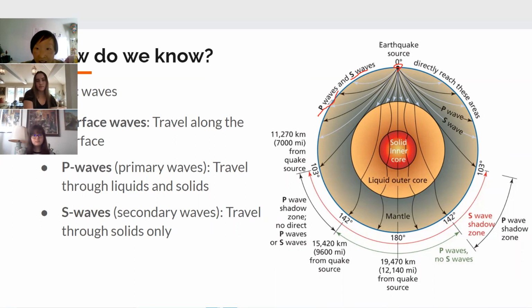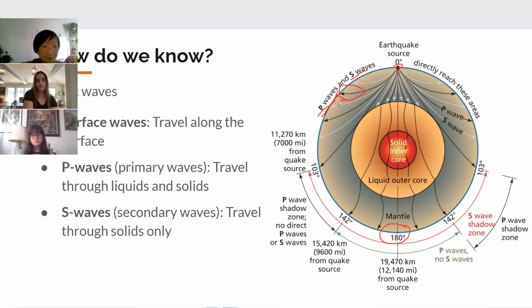You can see this P wave, those dark arrows, can penetrate through both solid and liquid. So on the other side of the Earth, you can still detect it, because P waves can penetrate through all the layers.